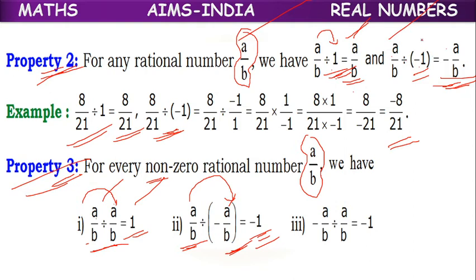If a rational number is divided by minus 1, its sign will change. If a rational number is divided by the same rational number, then the result is 1. If a rational number is divided by its negative, then the result will be minus 1.